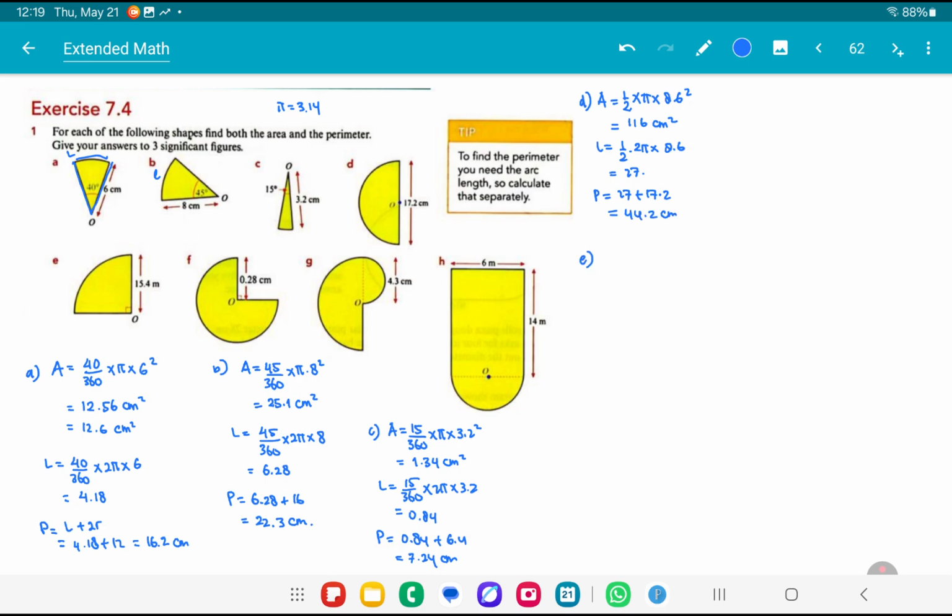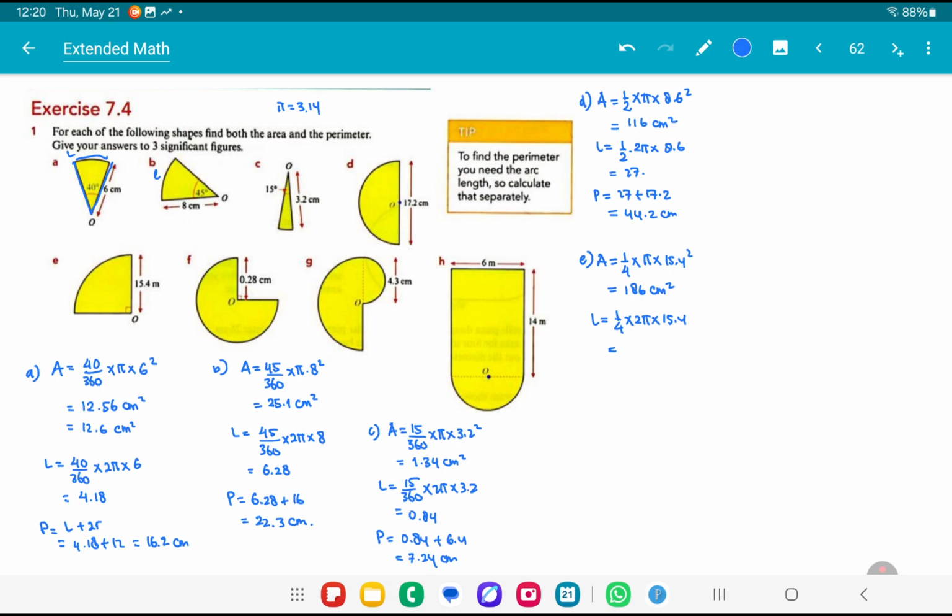For question E, the area equals a quarter of the circle. So a quarter of pi multiplied by the radius 15.4 squared. So the final answer equals 186 centimeter squared. The length of arc equals 1/4 multiplied by 2 pi multiplied by the radius.